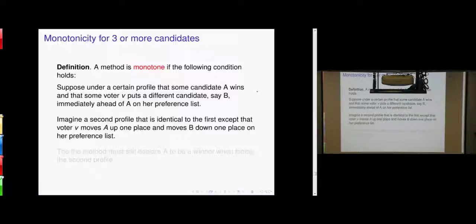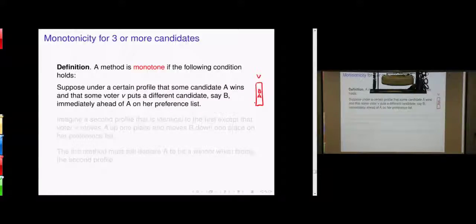Now, that's before, right? Now, what is the change? The change is this. Imagine a second profile that is identical to the first, except the voter V moves A up one place and moves B down one place on her preference list. So in the second election, the same voter V just swapped A and B. I hope so.